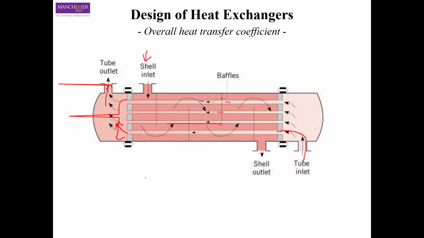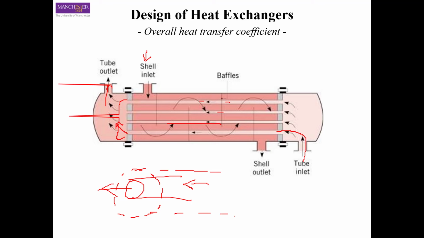So if you look at only one tube, for example, this is the tube where you have, let's say, hot liquid coming from here and going to this side, and then you have the shell around it. For the shell, the cold liquid is going in this part and coming out from this part, okay?